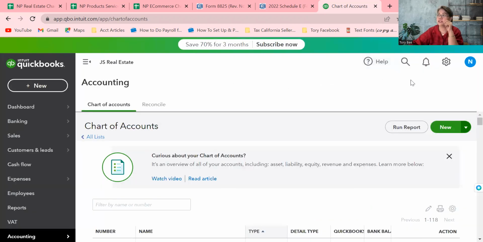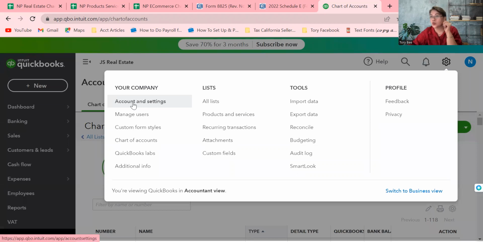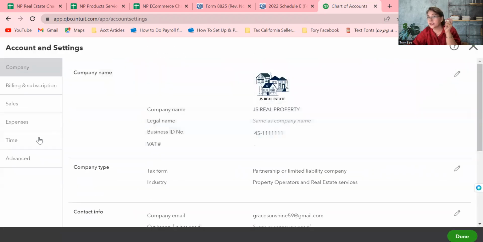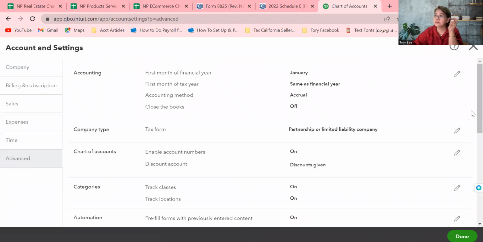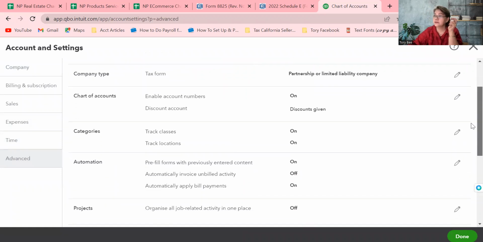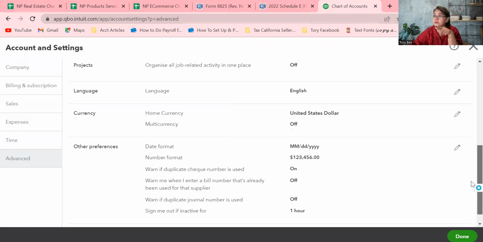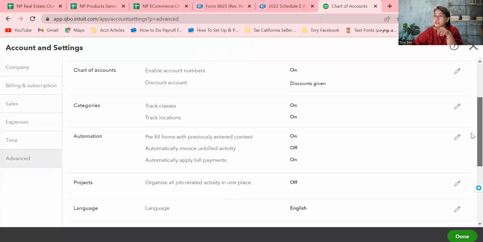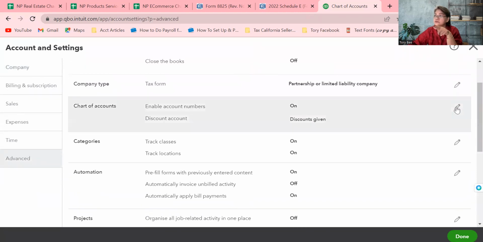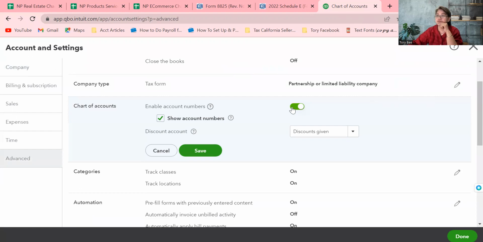Oh, wait, I missed something here. Make sure to always enable account numbers, because account numbers are very helpful.